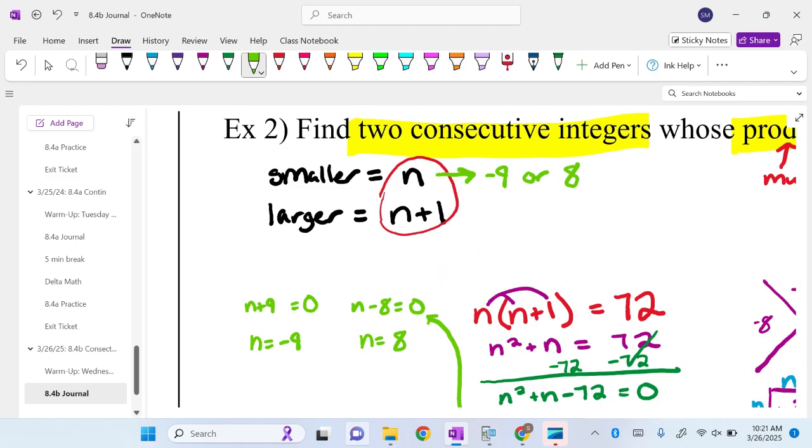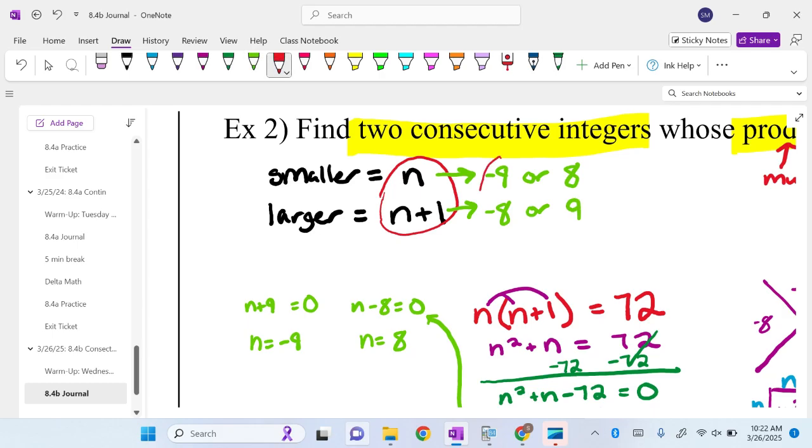So how do I find the larger integer for both? I would do what to those two numbers? Add 1. So what's negative 9 plus 1? Negative 8. All right. What's 8 plus 1? 9.